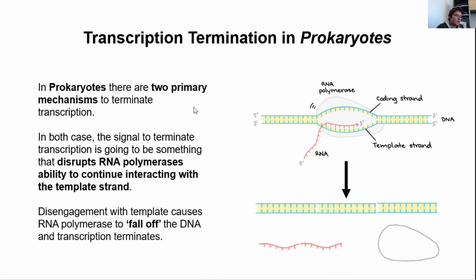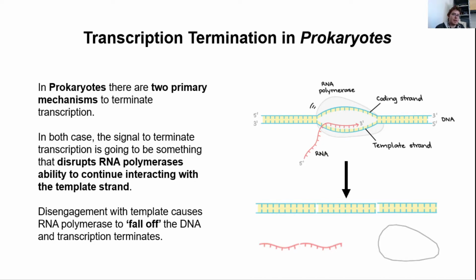And for each of the two mechanisms that do this termination activity, the way that termination is going to happen is something is going to disrupt RNA polymerase and its ability to continue interacting with the template strand and advancing forward. And this disengagement with the template is going to cause the RNA polymerase to basically fall off the DNA. That transcription bubble is going to close and the process will be terminated.